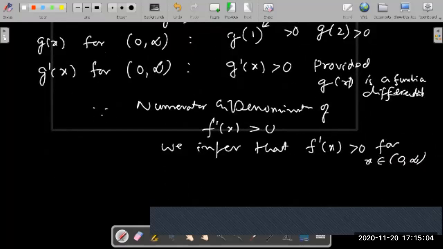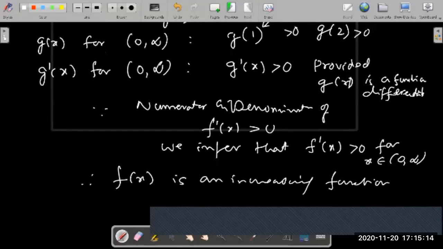Therefore, f of x is an increasing function in 0 to infinity. This is the domain.